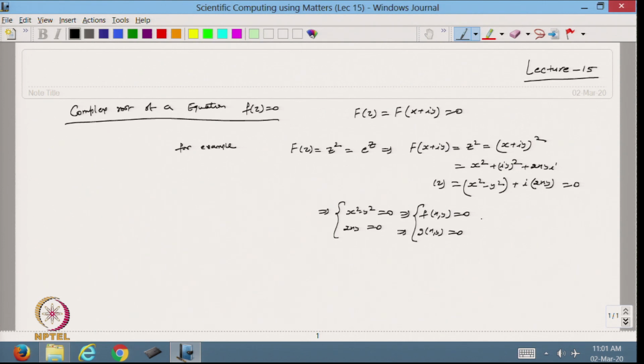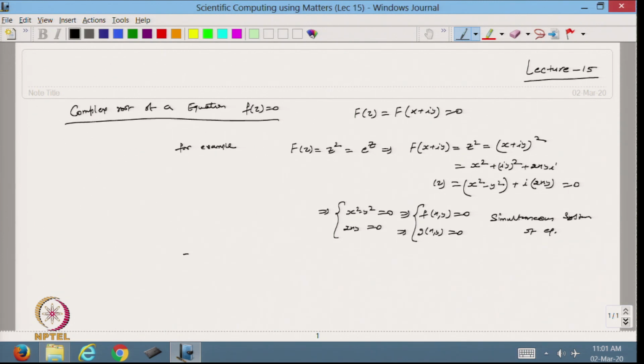So what is this? It is just a system of simultaneous equations. And in the previous lecture we discussed how we can find the root of a system of equations. Based on this I will find the root of this system, and I will substitute the value here, and then I will get the roots for f(z).